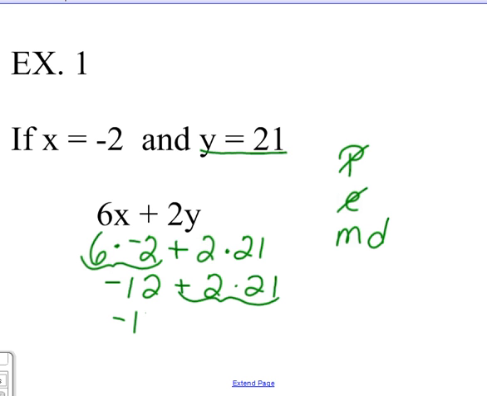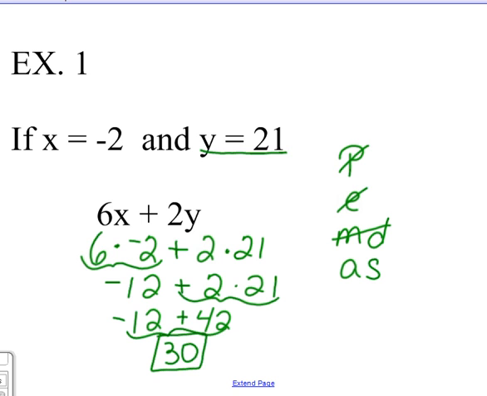Bring down that -12. A positive 2 times 21 is a positive 42. So now I'm done with multiplication and division. The next step is your addition and subtraction. -12 plus 42 is 30. And that's your answer.